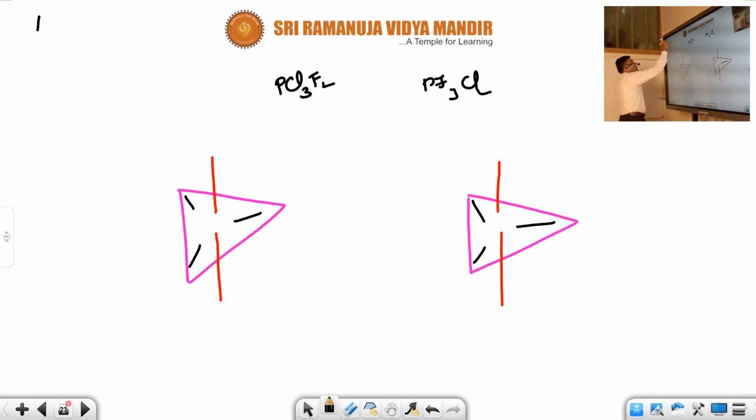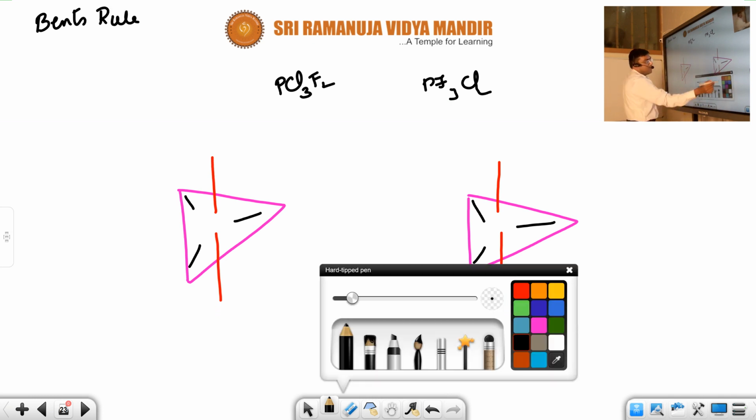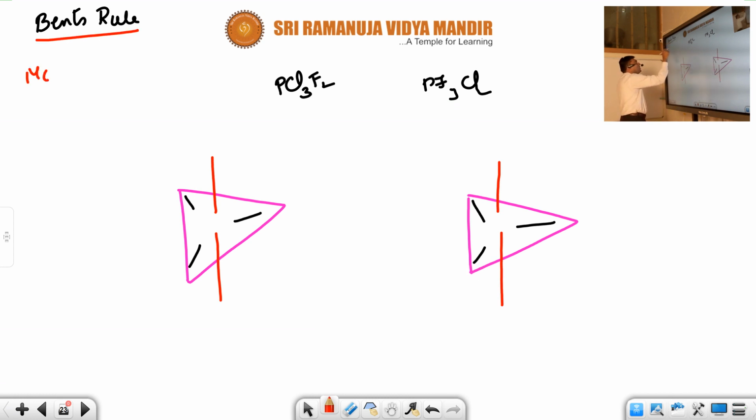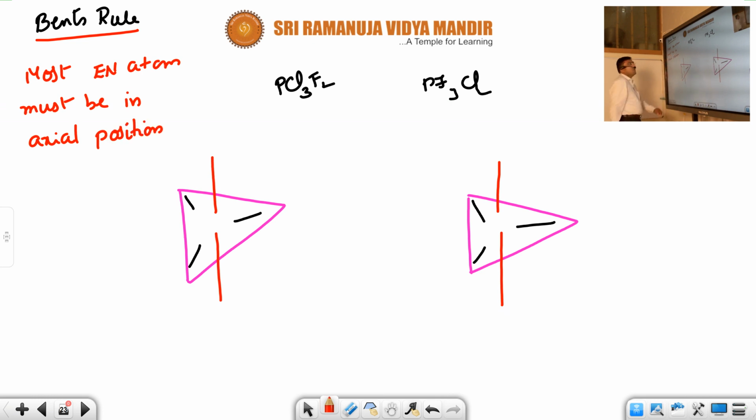That is called Bent's rule. So what is Bent's rule? The most electronegative atom must be in the axial position. Use this rule.